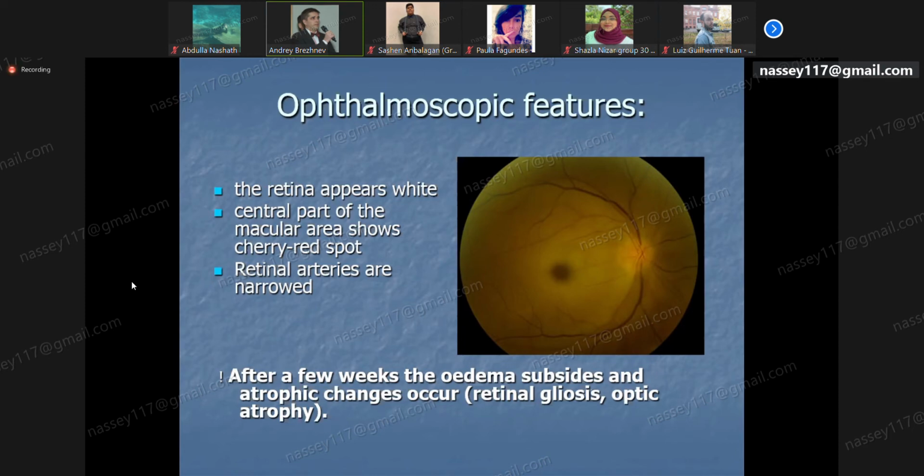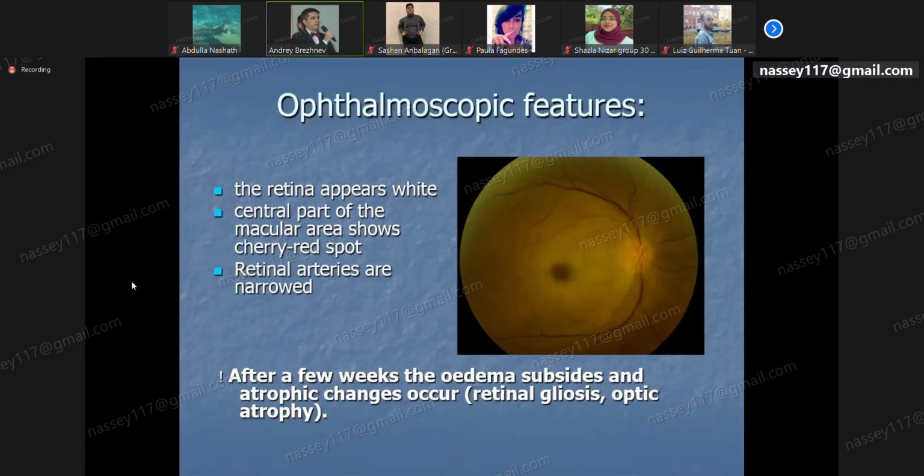The central part of the yellow spot looks like a cherry red spot, and there exists such a symptom, the cherry red spot symptom. You see a dark area or a bright red area in the center of the edematous retina. Retinal arteries are very narrow. If you look here, you'll see that the veins are rather wide, but you can't see, or see very, very narrow arteries.